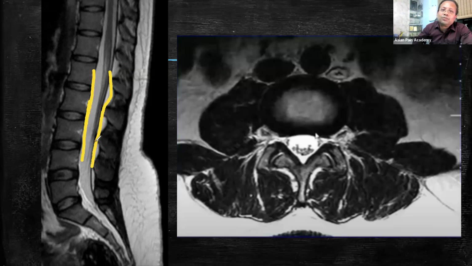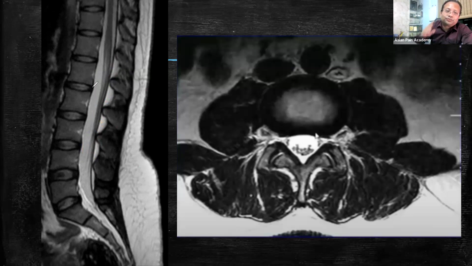This in-between area is the spinal canal. In the spinal canal, we can see this area is white. What are these areas? These are the epidural fat areas.